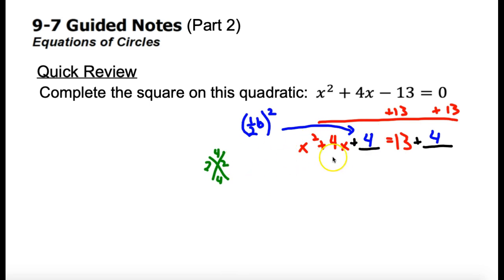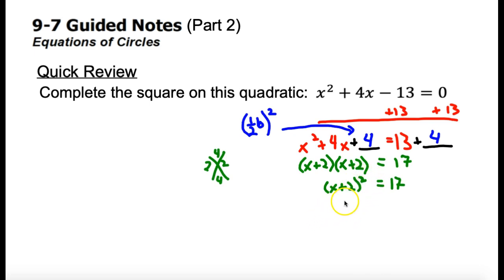So this will factor into x plus 2 times x plus 2, and that'll equal 17. Whenever we complete the square, these two factors will always be the same, which means I can rewrite this as just x plus 2 squared. Whenever I'm multiplying something by itself, I can write that as squared.